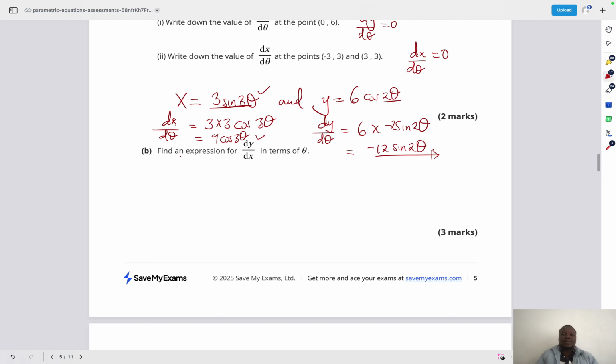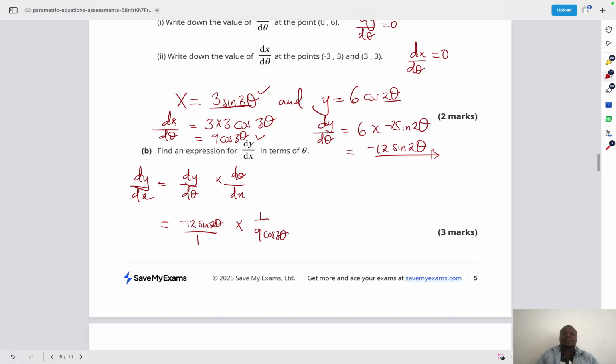That's our dy/dθ. Now the question says find an expression for dy/dx. We know that dy/dx is simply equal to dy/dθ times dθ/dx. Our dy/dθ is negative 12 sin 2θ, and dθ/dx is just the reciprocal of dx/dθ, which is 1 over 9 cos 3θ.